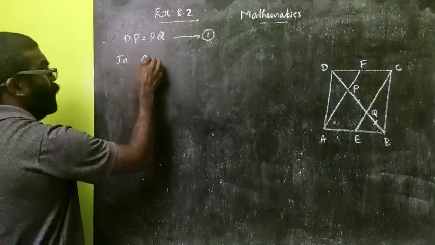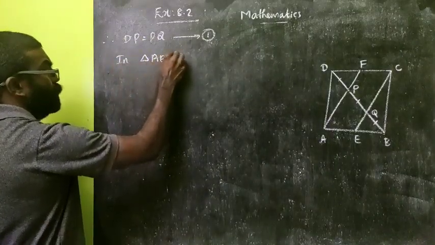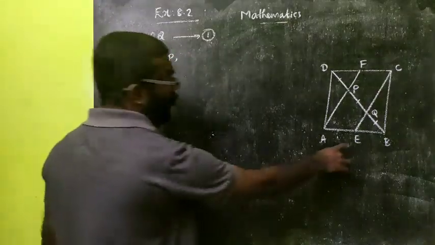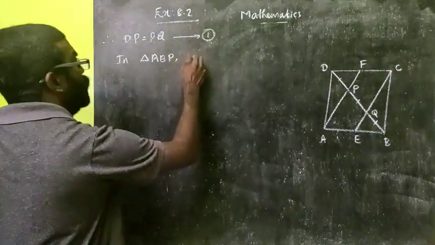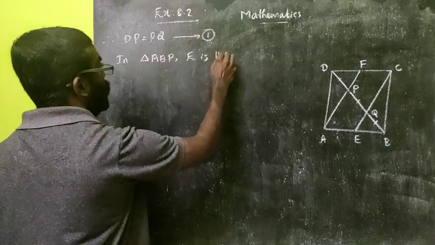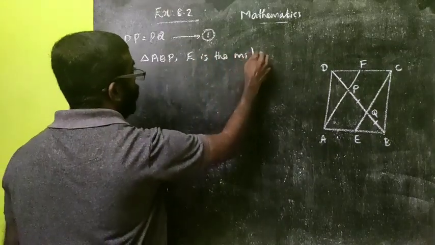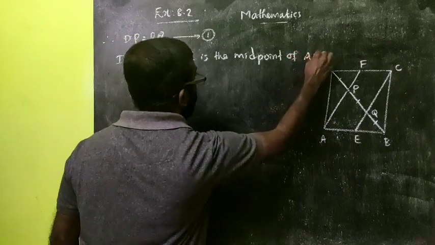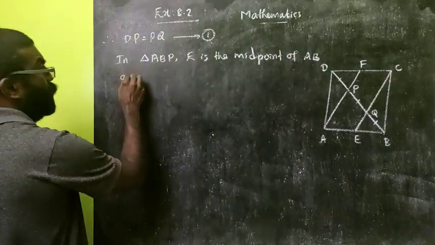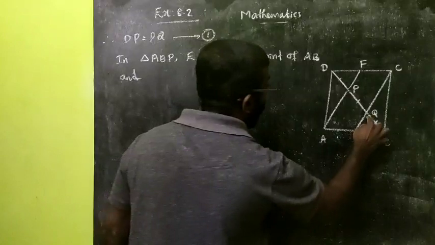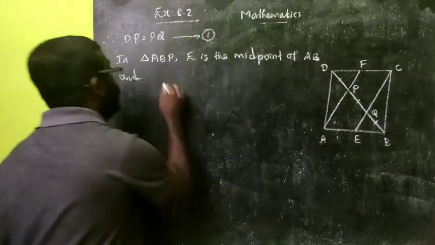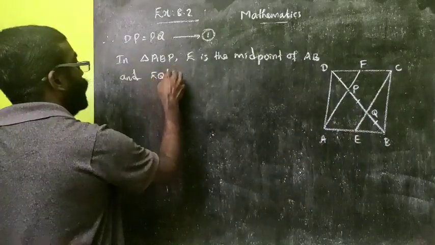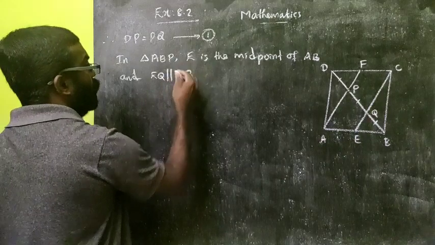In triangle ABP, E is the midpoint of AB and the line EQ is parallel to AP.